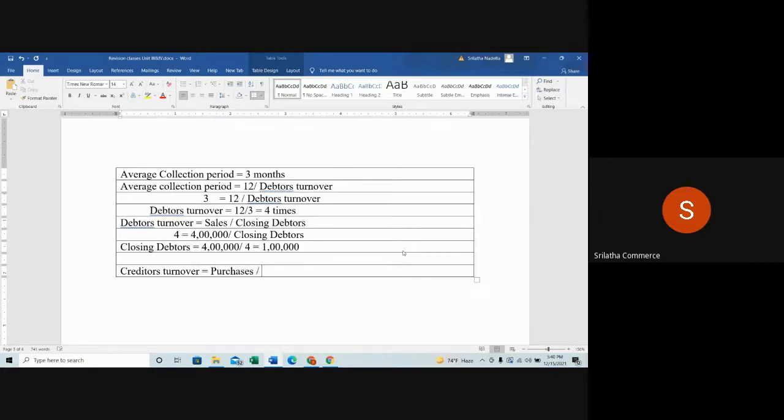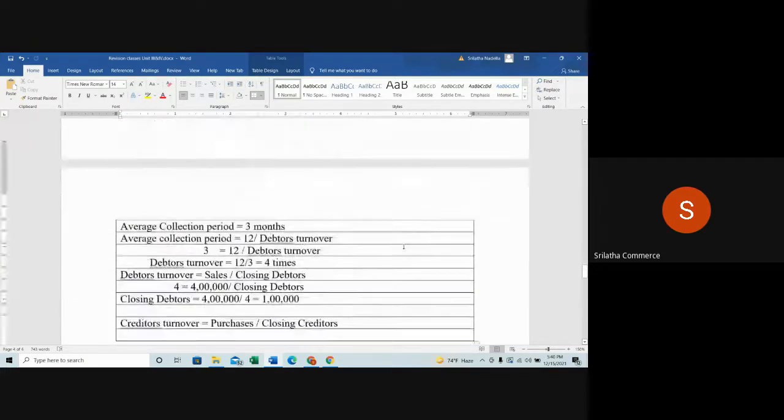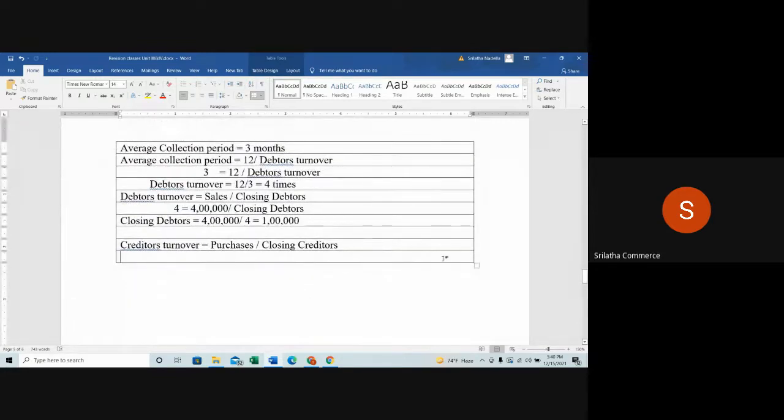Purchases divided by closing creditors. Now, do you have purchases? We do not know purchases, isn't it? Purchases is not given in the problem.